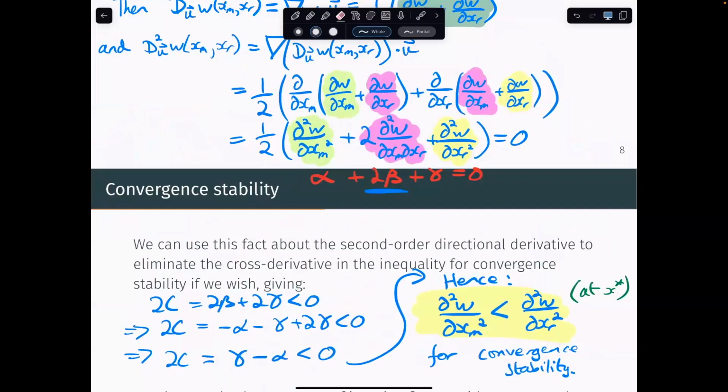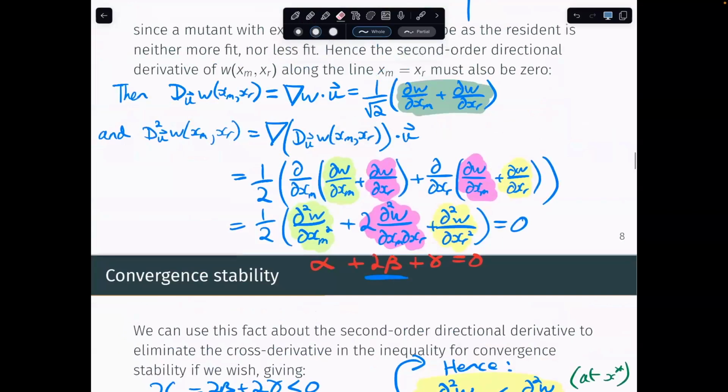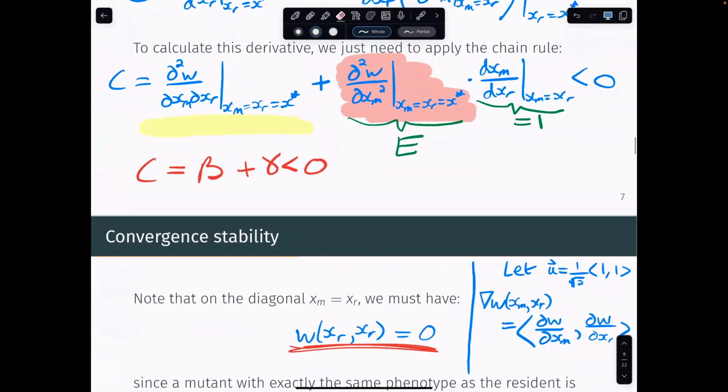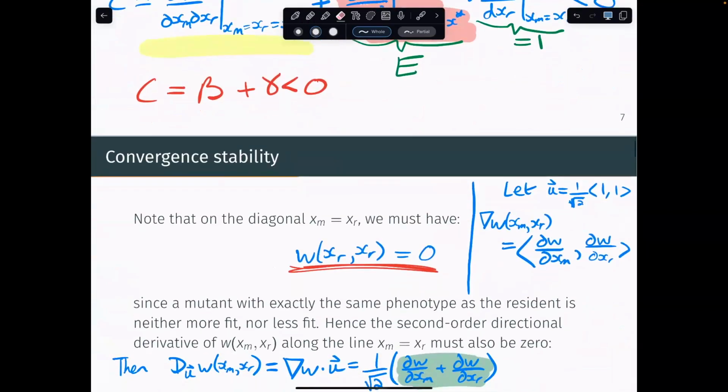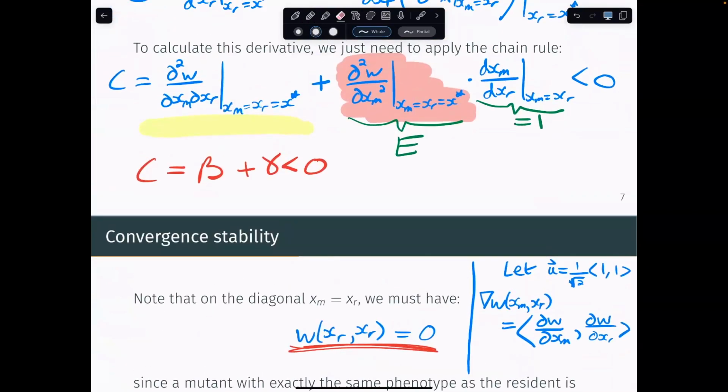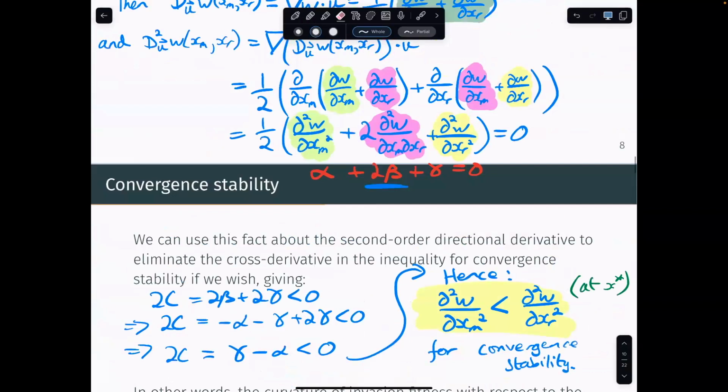It is beta plus gamma. Yes, I've switched them around. This is beta plus gamma here. I've probably written this in a slightly confusing way. I think it's because in my notes I've written it down the other way around. Okay, so you still got your gamma now as your second order partial with respect to xm. Yeah.